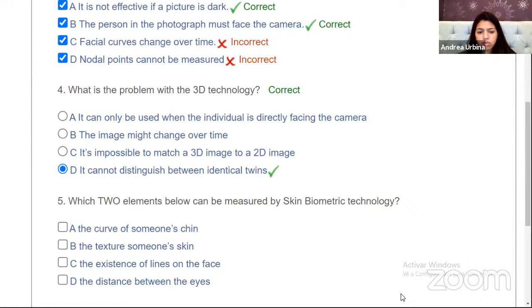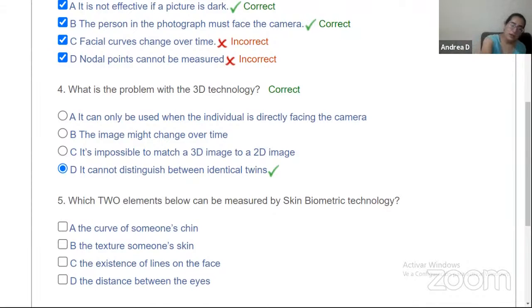All right, that's great. So let's try C, and I think it's B. It's gonna be B. The texture of your skin. So you're right, Andrea. D, the distance between the eyes, is mentioned in the first method. So the 2D technology can do that, measure the distance between the eyes.